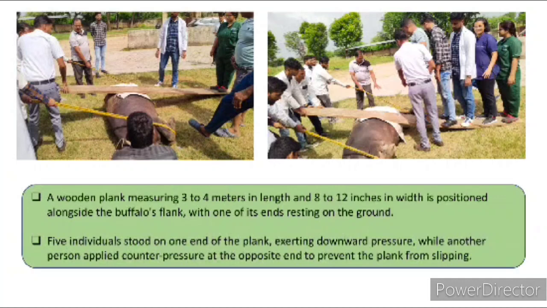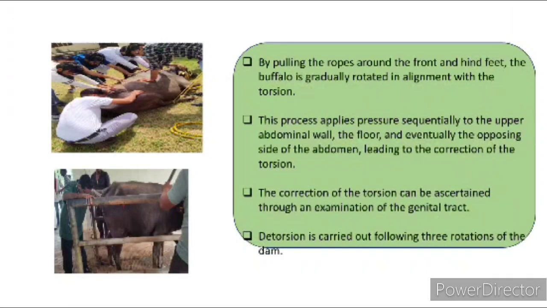It is kept in such a way that one end touches the ground, and three to four persons stand on the plank, and simultaneously one person moves along the plank as the buffalo is rotated. Okay, so these are the pictures you can see. This process applies pressure to the upper abdominal wall, the floor, and eventually the opposing side of the abdomen, leading to the correction of the torsion.